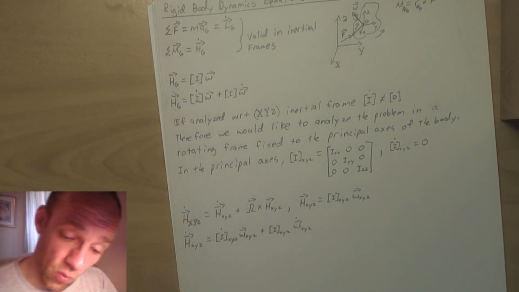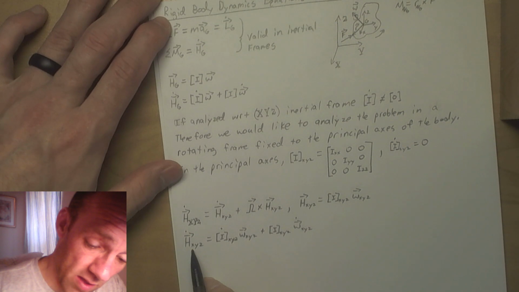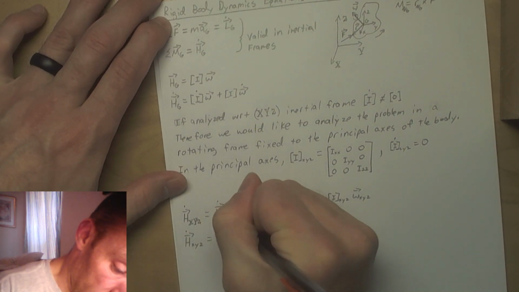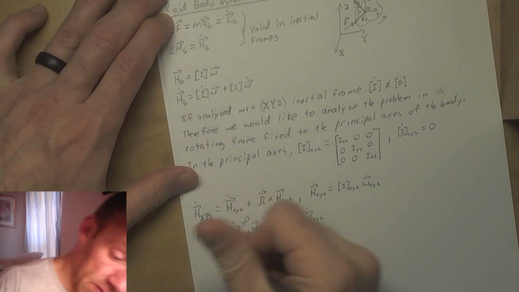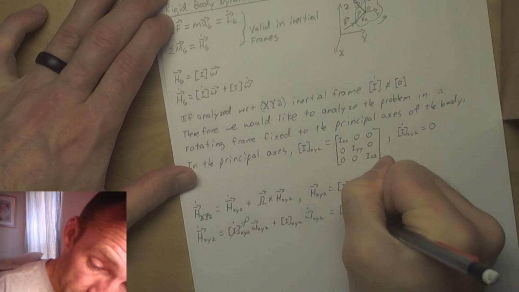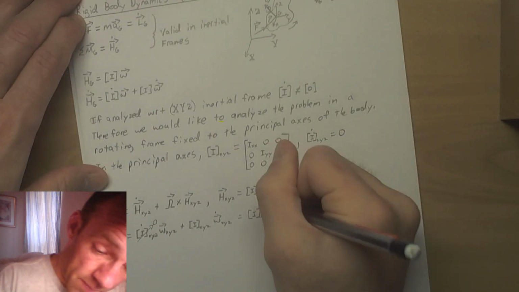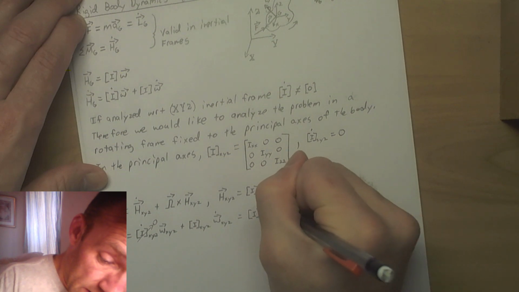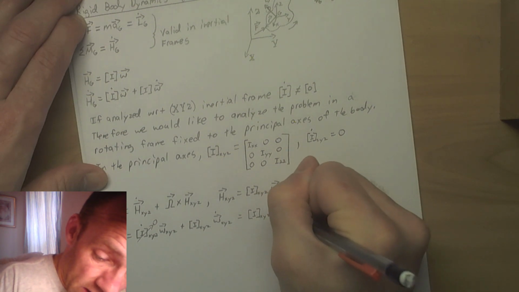But the reason we cast this into the XYZ frame was so that this derivative winds up being 0. And remember, this is even in this simple form here, so we get sort of an additional simplification.